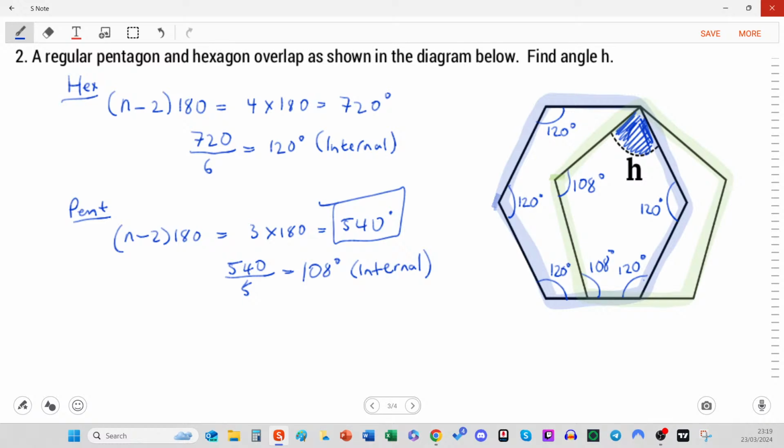Don't sometimes doubt the numbers because they look too weird. If we add all those up, we've got 456. And we're going to subtract that from 540 to see what is left. 540 subtract 456, 84. So angle H equals 84 degrees. Love that question.